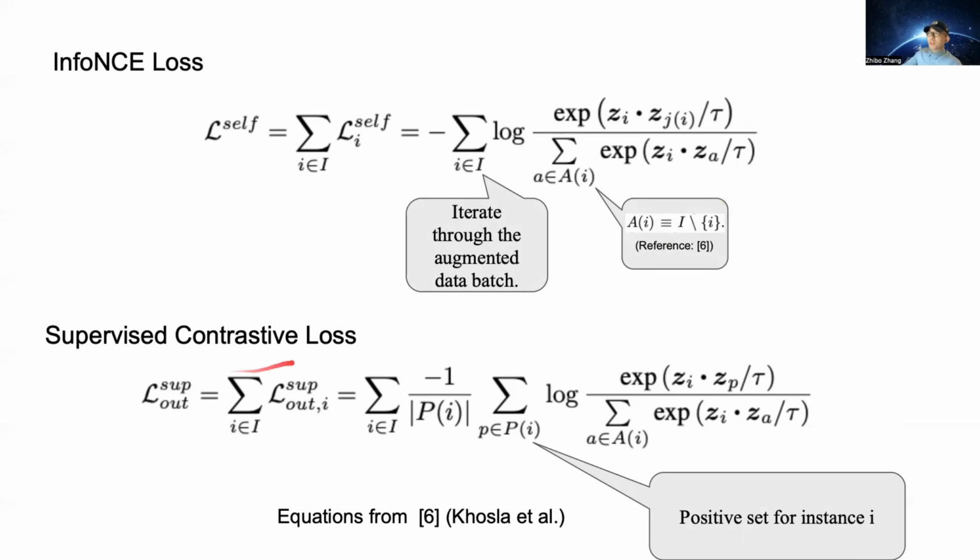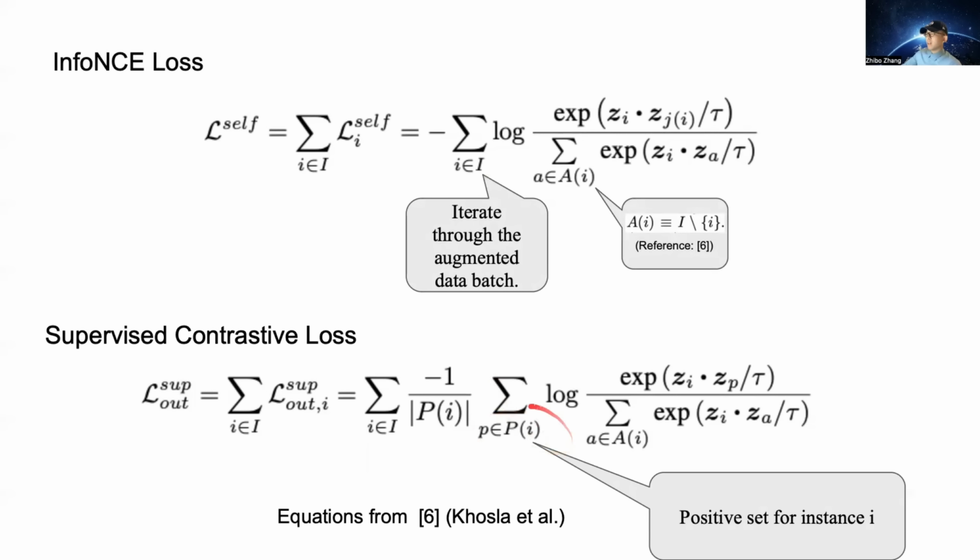But here in the supervised contrastive loss, because there are a lot of positive examples, remember that in the self-supervised case, the only positive example is another augmented view of the original image, right? But in the case of supervised contrastive learning, all of the examples in the mini batch with the same labels are positive examples. So in this case, the authors need to loop through all of them.